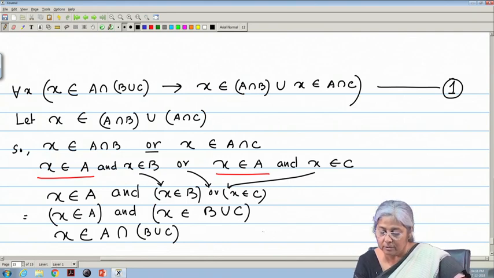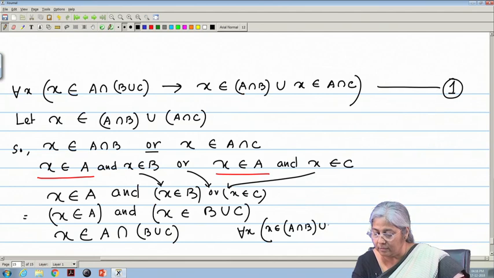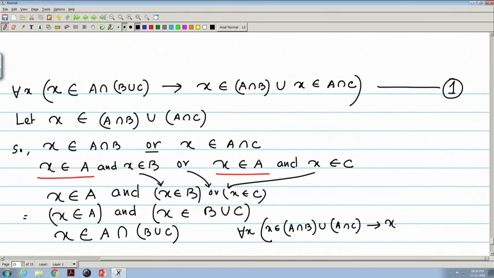So, we get that for all x, x belongs to (A intersection B) union (A intersection C) implies x belongs to A intersection (B union C). So, this is my 2.